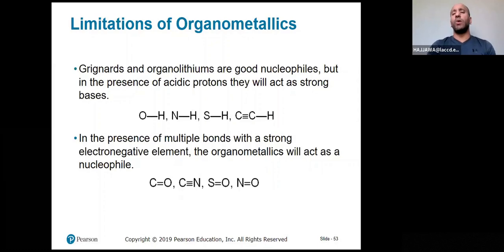Here is the list of limitations of these organometallic reagents. Whether you're talking about acetylides, Grignard, or alkyl lithium, the most important limitation to highlight is not to use protic solvents. Why?